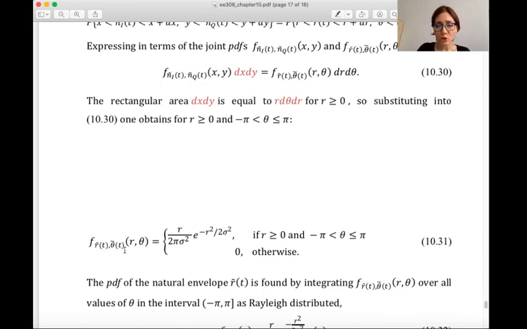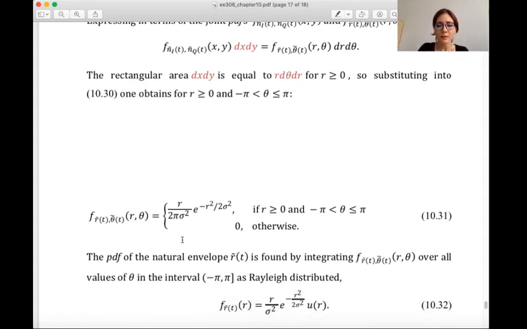Now, remember, our initial purpose was to look at what the density of the random variable r of t was. So we suspected whether it was Gaussian, then we concluded it cannot be Gaussian, and we're right now trying to find out what kind of density it is if it's not Gaussian, right? So the joint density is here. Now, of course, we should pay attention to the interval. So theta is within this interval, and r can't be negative. Otherwise, we should take the density as 0.